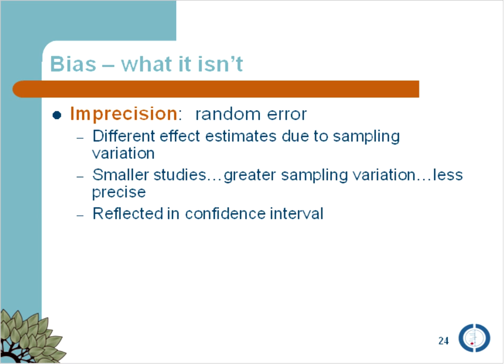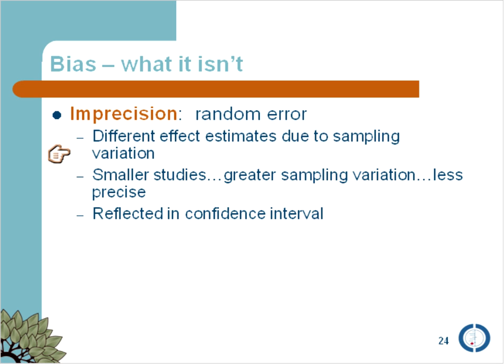What it's not is imprecision, and what I mean by this is basically your confidence interval. If you have 2 studies and one has a larger confidence interval, it could be that it's a smaller study, which tends to occur with smaller studies. They have less information, therefore they're less precise in what they can tell you about the treatment effect.